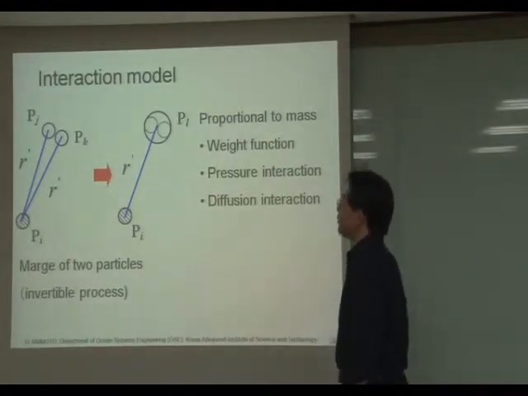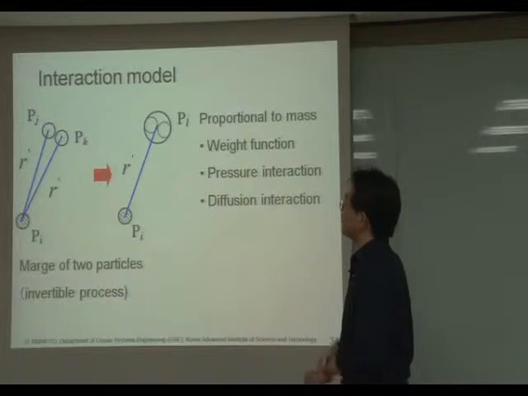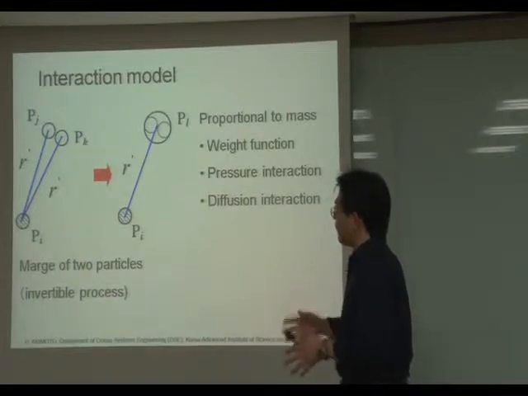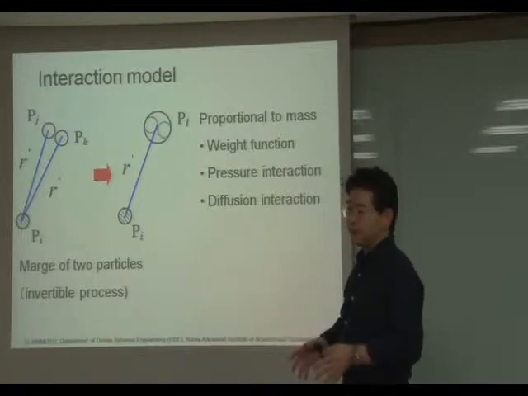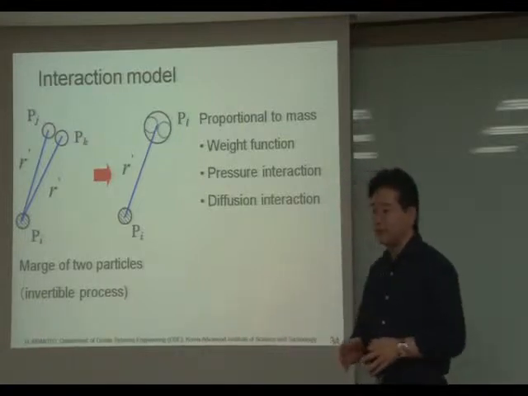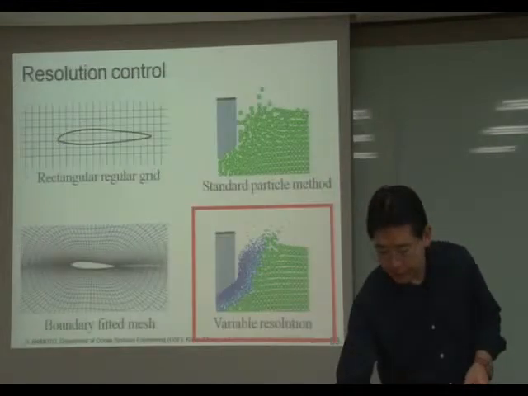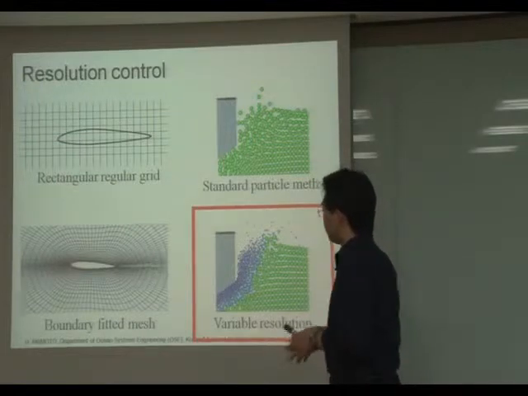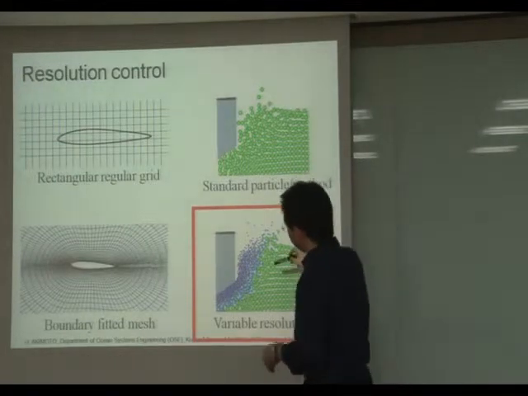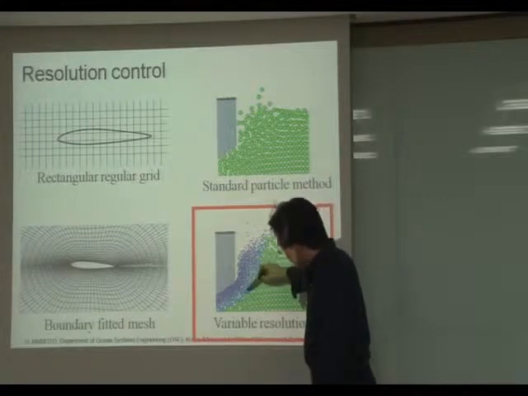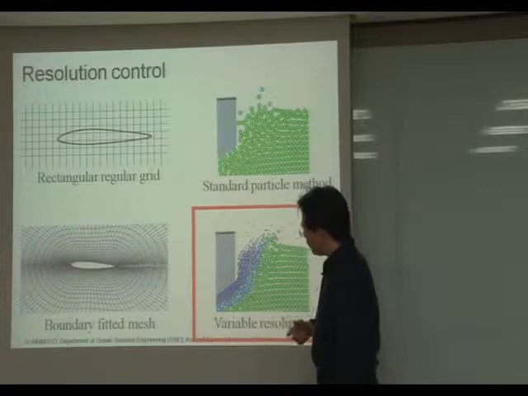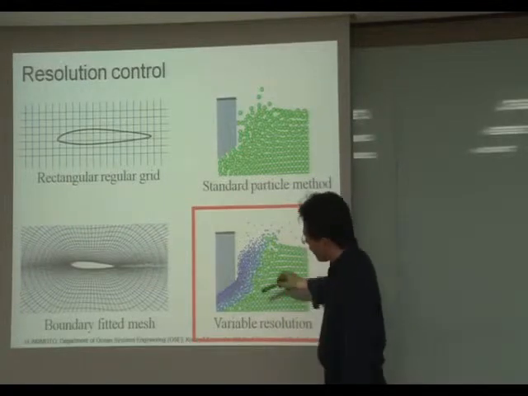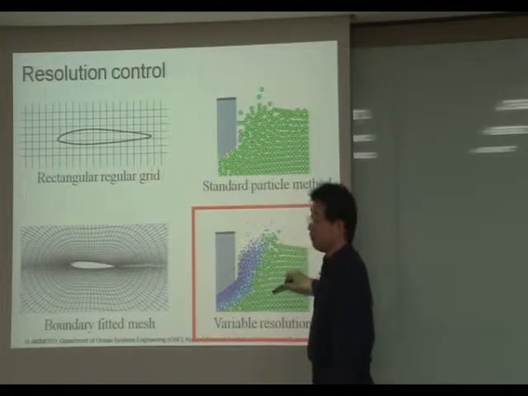So the required extension is to allow the merge and division of particles. If one particle will be divided into two or more particles, it will provide higher resolution. In this case, the size of particle in this layer is half radius of the standard one.